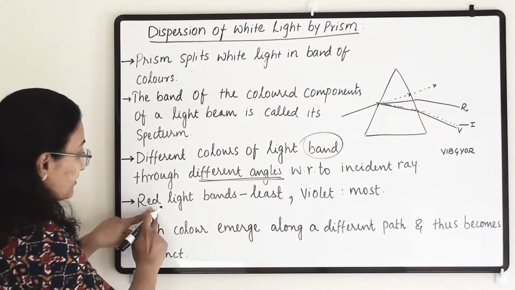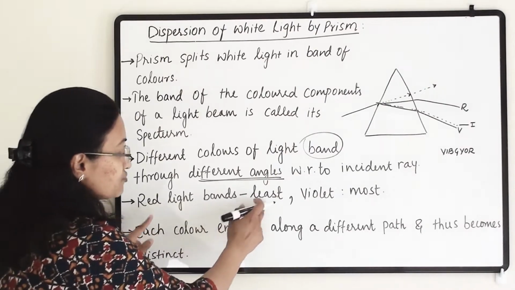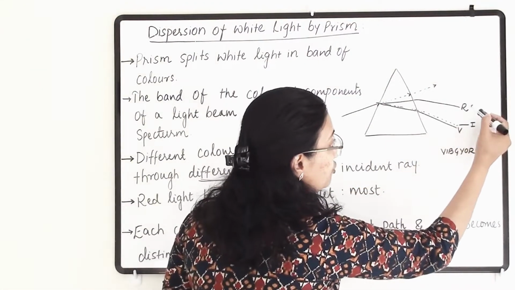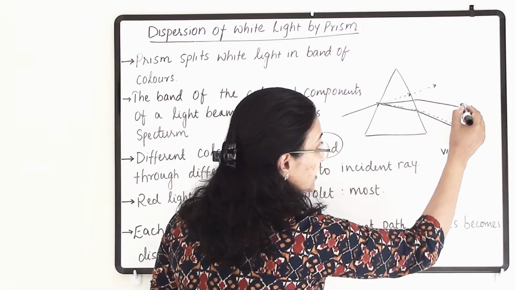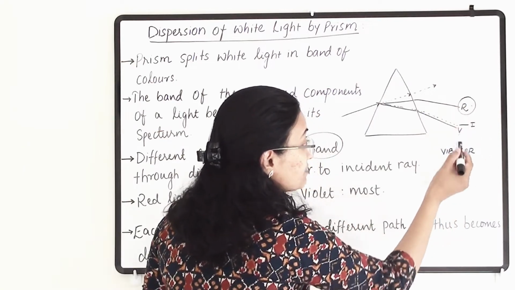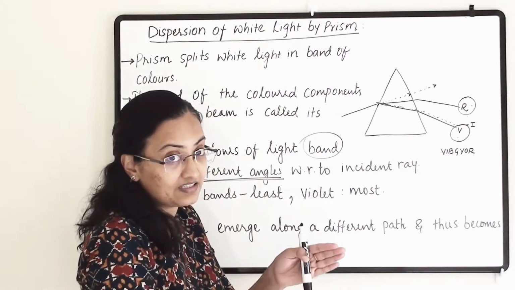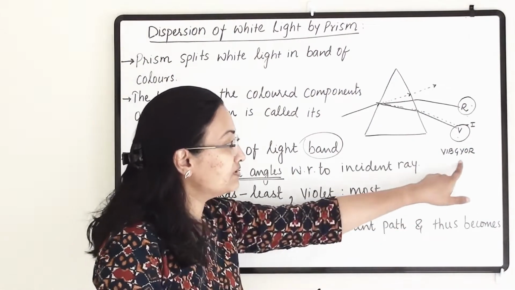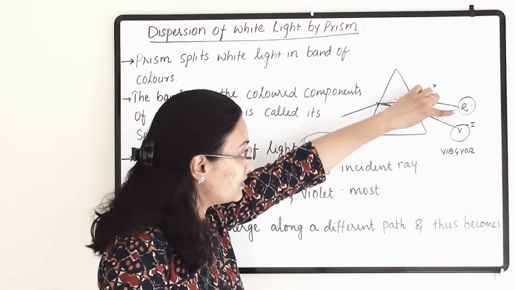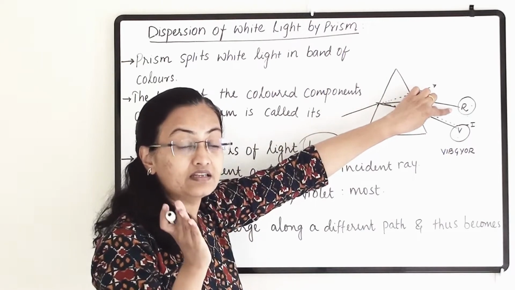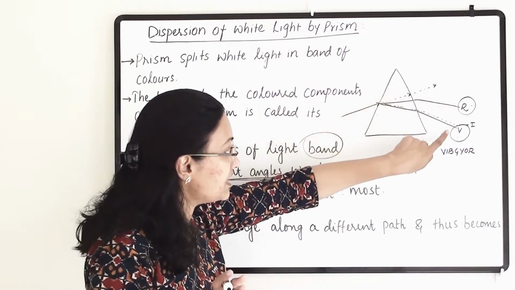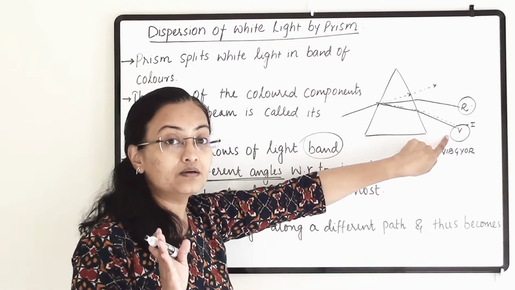For example, red light bends the least, so we get it at the top of the spectrum. Red light bends the least, whereas violet bends the most. So that's why it is at the end, and in between are all the other colors. Red light bends the least among these 7 colors, and violet bends the most.